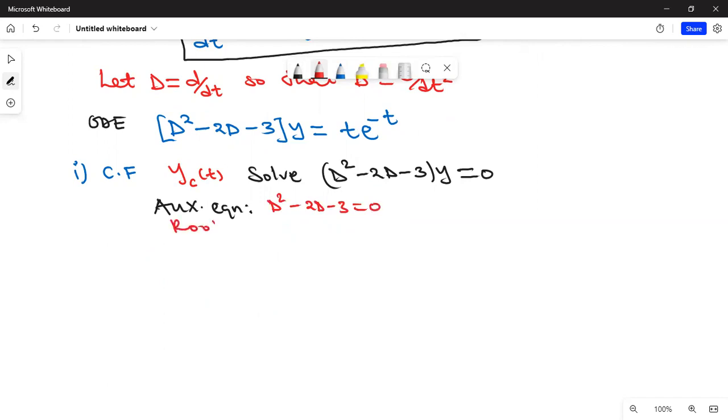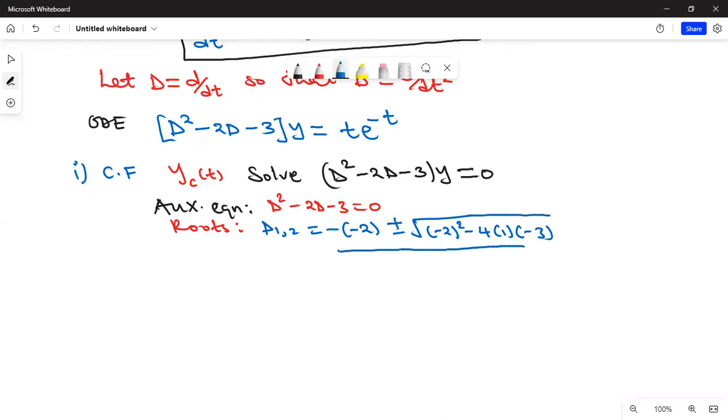What about the roots? I can use the quadratic formula. So we have two roots. d1 and 2 is negative of b. Our b is negative 2. So that is negative of negative 2 plus or minus the square root of negative 2 squared minus 4 times a, where a is 1 and our c is negative 3, everything divided by 2 times a, which is 1.